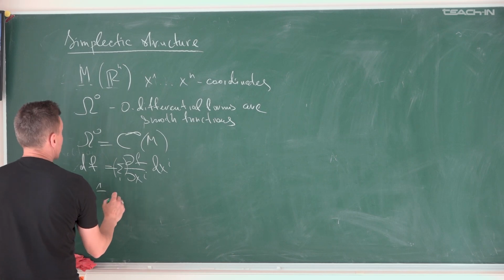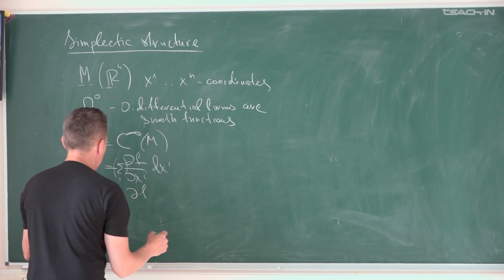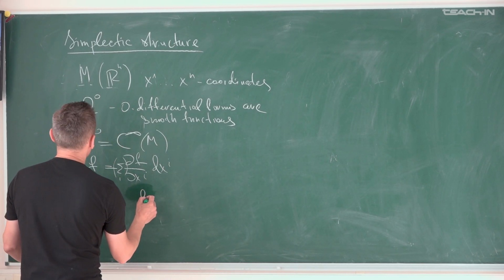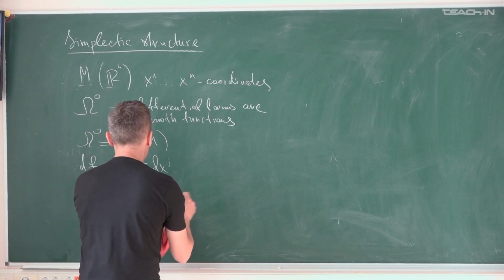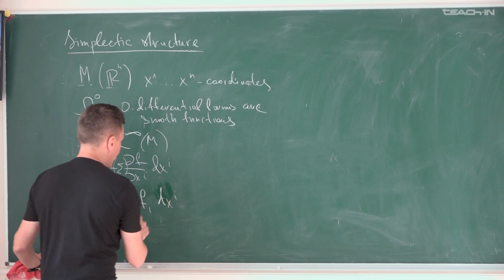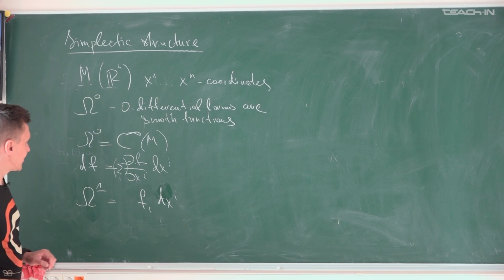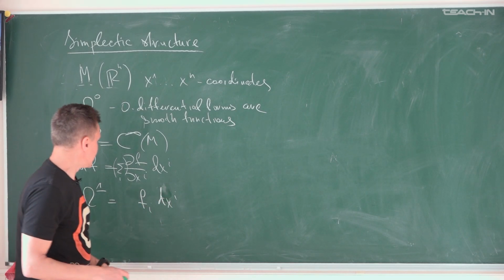It is the following expression: the sum of f_i dx^i, a summation over i. Here is the upper index, and here is the lower index.